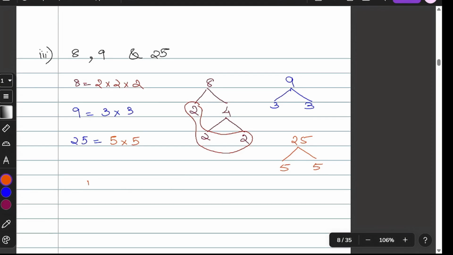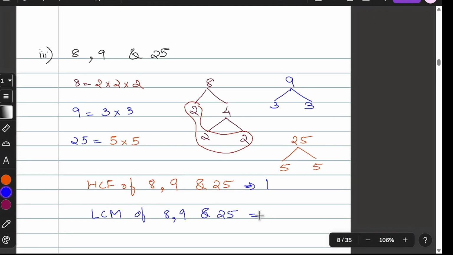So what's the HCF of 8, 9 and 25? It is going to be, no common factors are there, so it is 1. And if I am taking the LCM of 8, 9 and 25, what's the value?